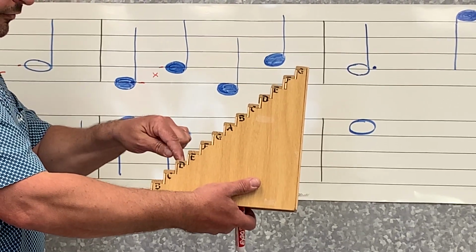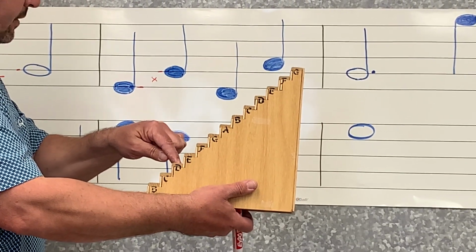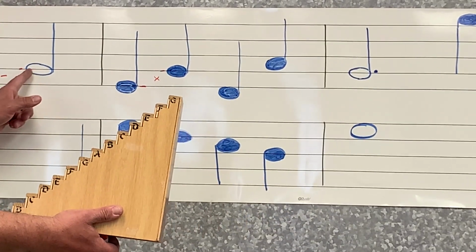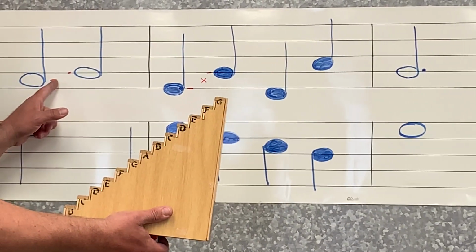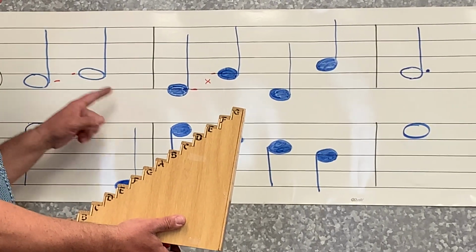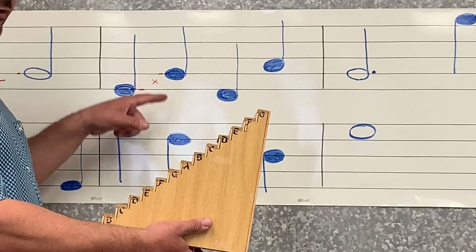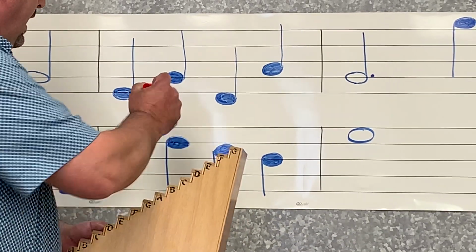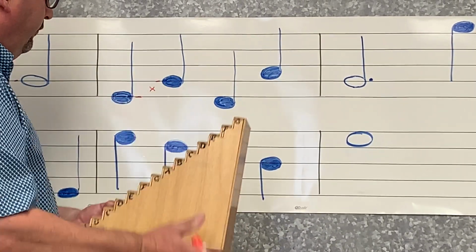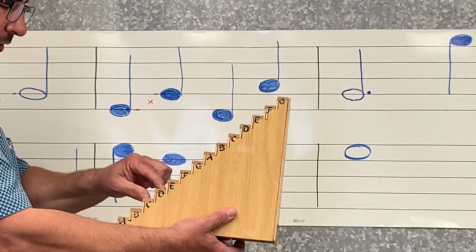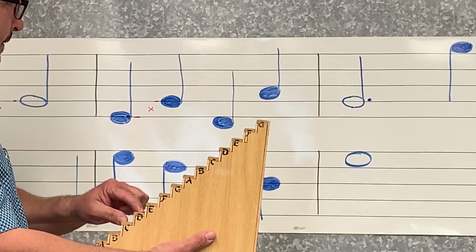Now, that's interesting. We just use the word skip. And if we step between these notes, because they only move from space to line, this note moves from line to line and skips the space. We call that a skip. This note is moving from here to here and skipping the step in between.